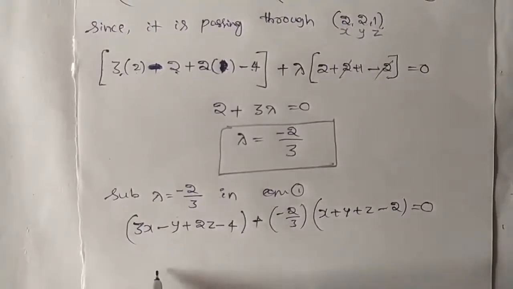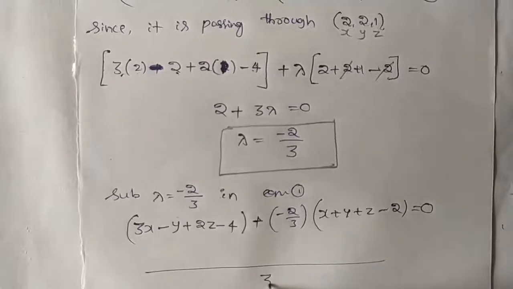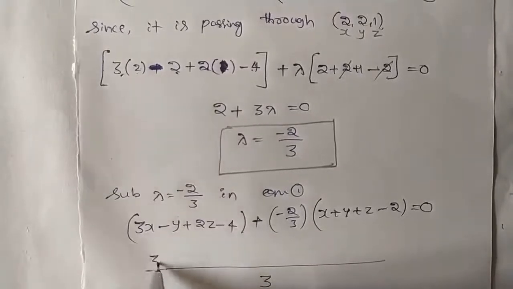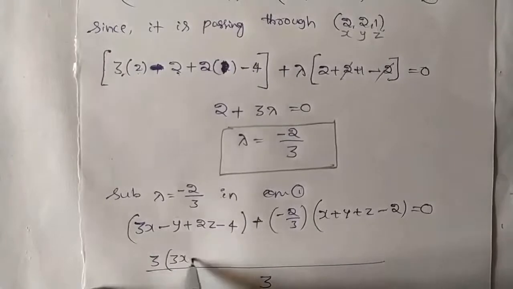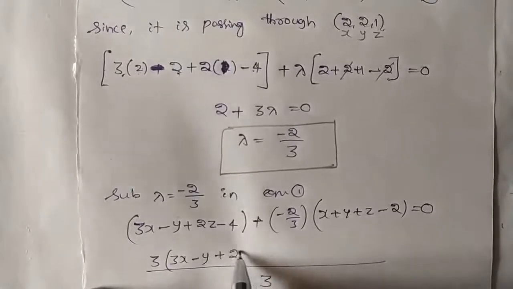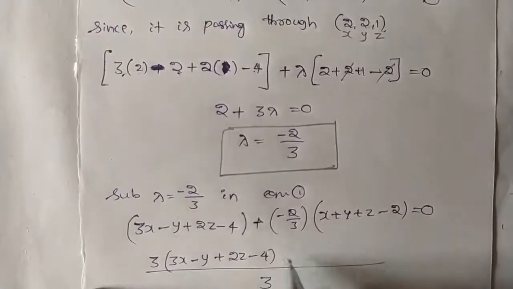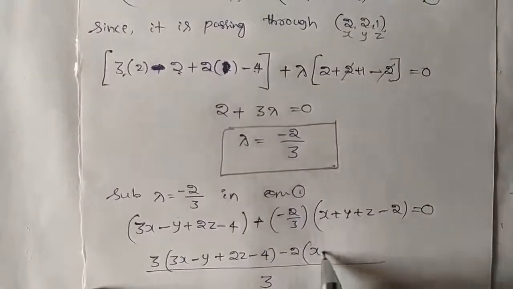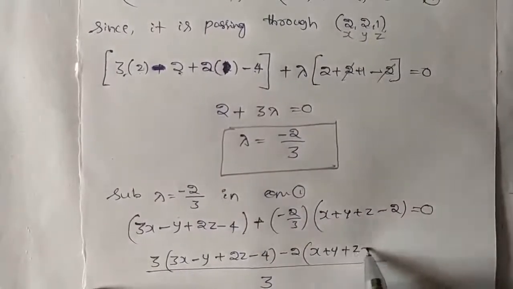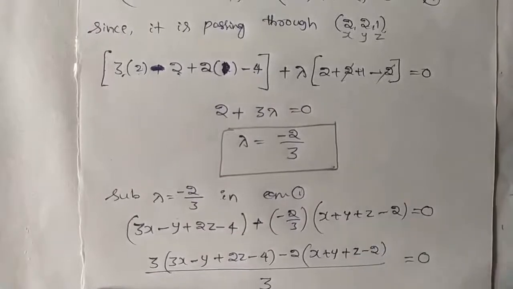Now what is the LCM? 3 is the LCM. 3 into 3x minus y plus 2z minus 4, next minus 2 into x plus y plus z minus 2 equals 0.